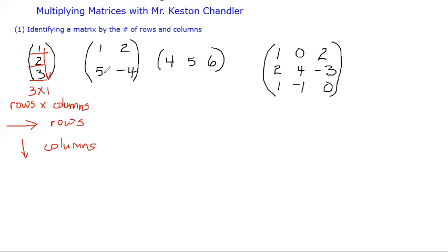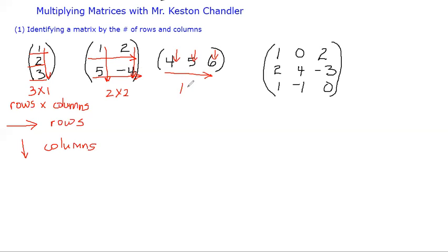Similarly, this has two rows, one, two. You see that? And I also have two columns, one, two. So two rows by two columns for this one. This one has one row, and one column here, two columns here, three columns there.